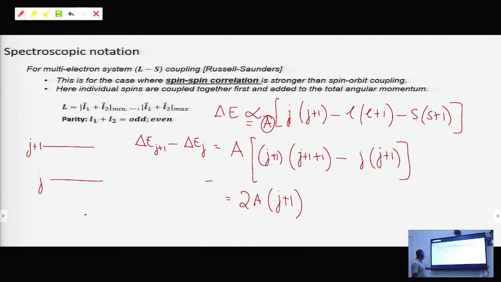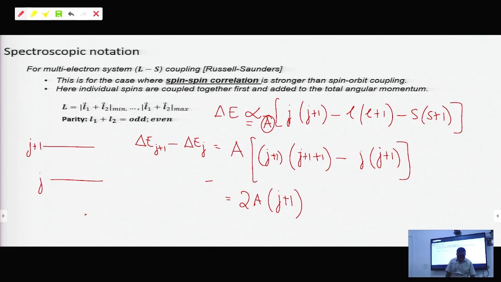So what it says is, it's basically predicting the energy levels for J plus 1. This is proportional to J plus 1. And A is a constant, it's a positive quantity, it's not negative. So what we have is the energy at the J plus 1 state.